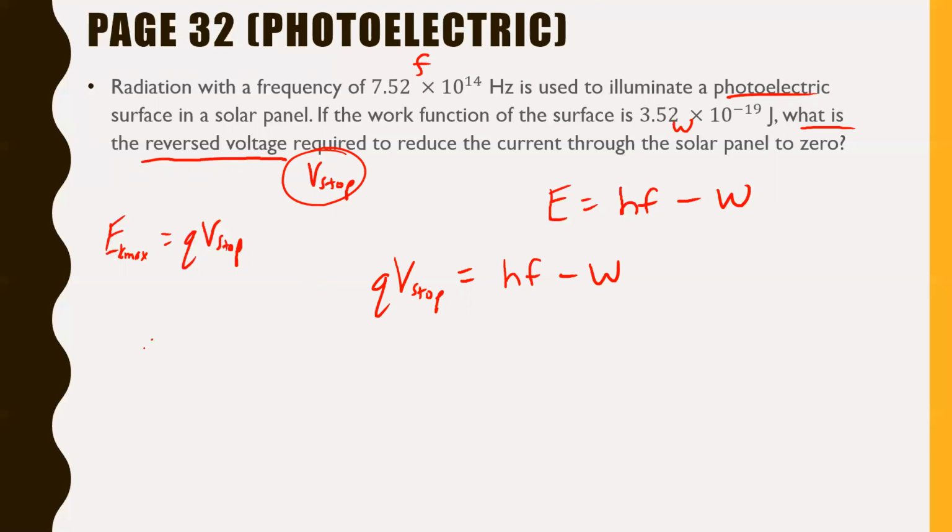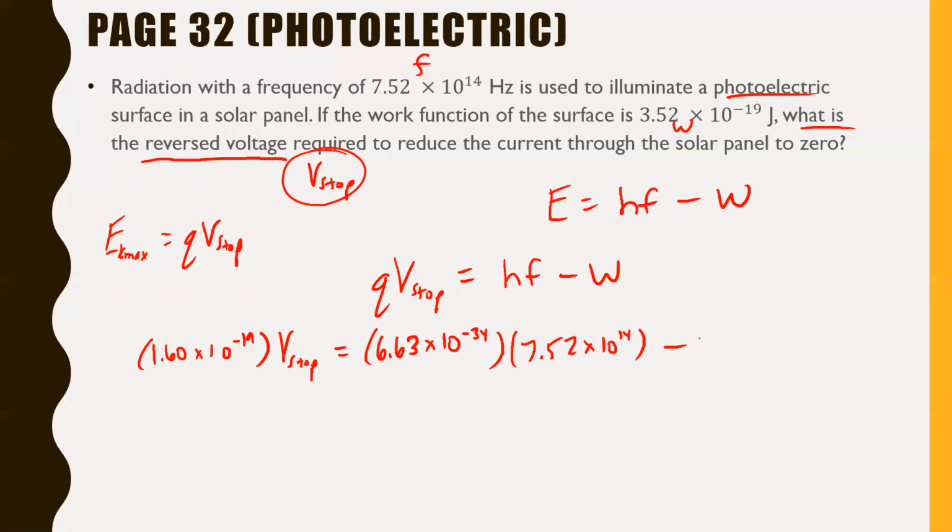Q, of course, the charge of an electron is 1.60 times 10 to the negative 19. V stop is what we're looking for. H, because we're dealing with joules, we're going to use the H that is in joules, of course, so 6.63 times 10 to the negative 34. F is in the question itself, 7.52 times 10 to the 14, minus the work function, which is 3.52 times 10 to the negative 19.